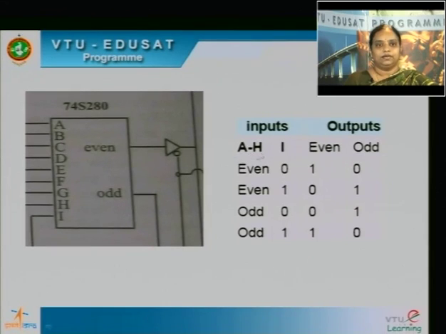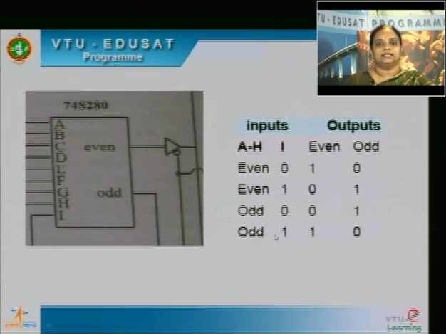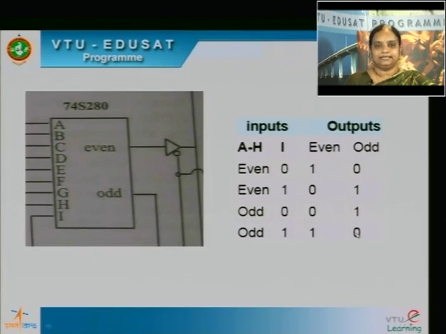Let us say on this 8-bit data A to H, when you count the number of ones, the count has become odd, and I is also 1. So totally let us say 3 ones are there, plus I is 1, totally 4 ones. 4 ones is again even number, so even will be 1 and odd continues to be 0.